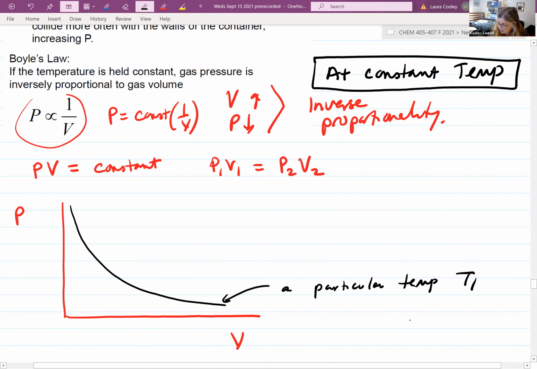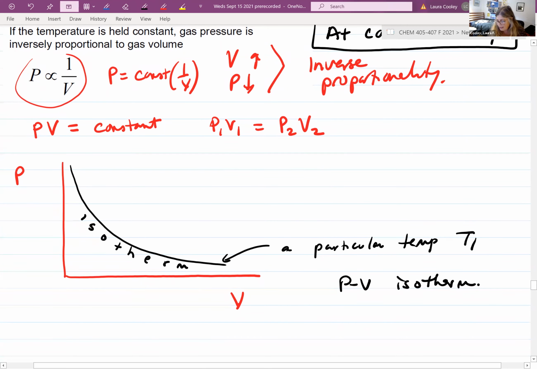Let's call it T1. Okay, if we change the temperature, we're going to change the way the pressure behaves, because now we know that pressure goes up, say if the temperature increased. So it wouldn't look exactly like this. So by the way, we call this an isotherm. This is a PV isotherm. And that's because iso means constant.